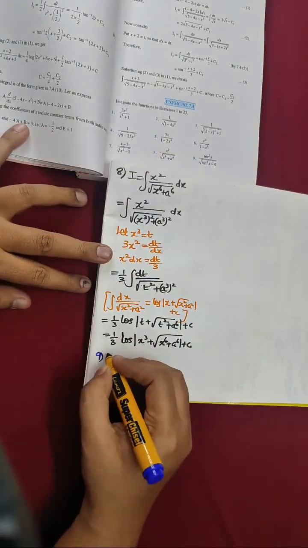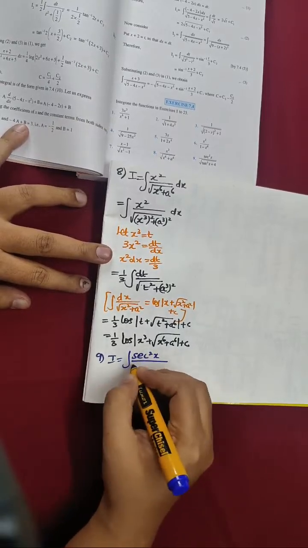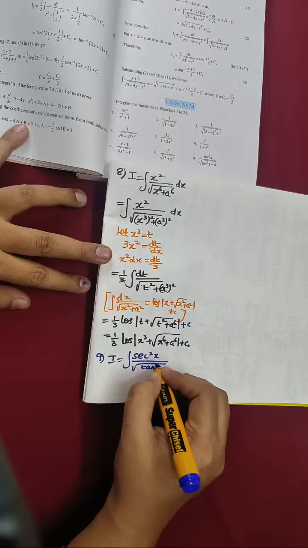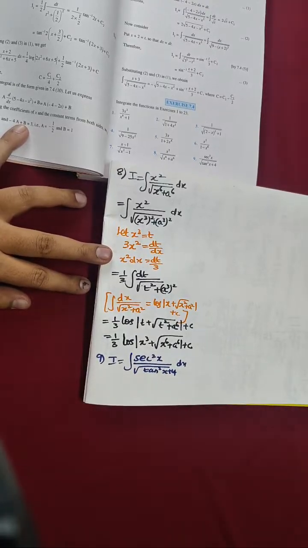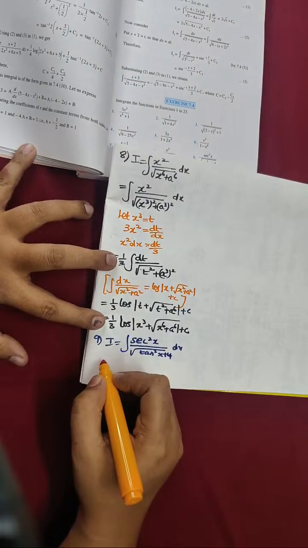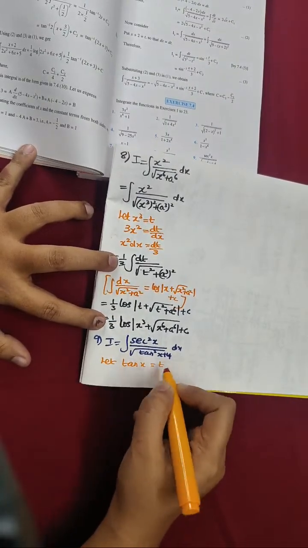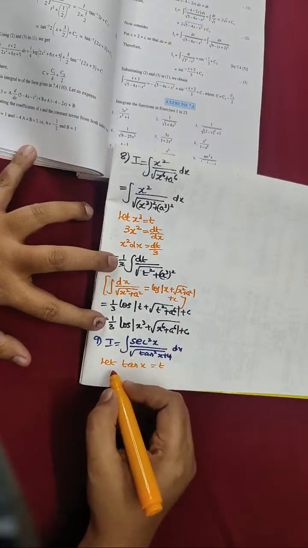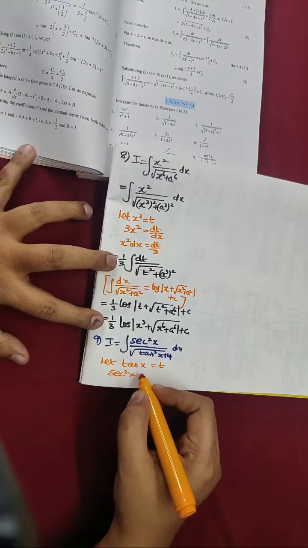Question number 9. Integral secant square x by root of tan square x plus 4. So here also you can straight away use the substitution method. Which term can we take as t? It is very obvious, right? So we can take tan x as t. When you differentiate on both sides with respect to x, you will get secant square x dx equal to dt, because tan x differentiation is secant square x.